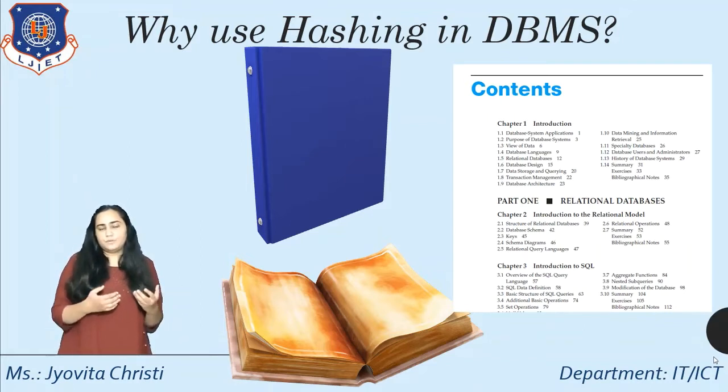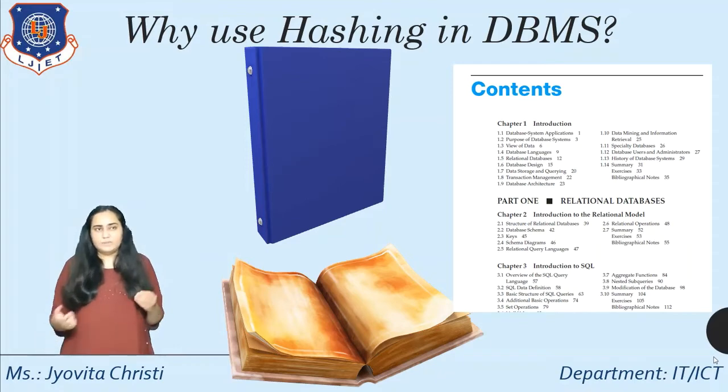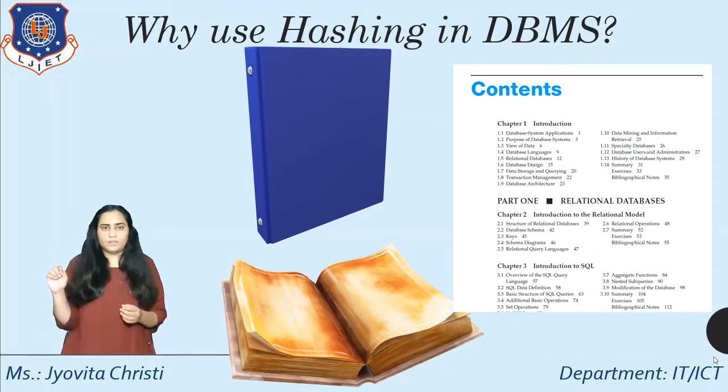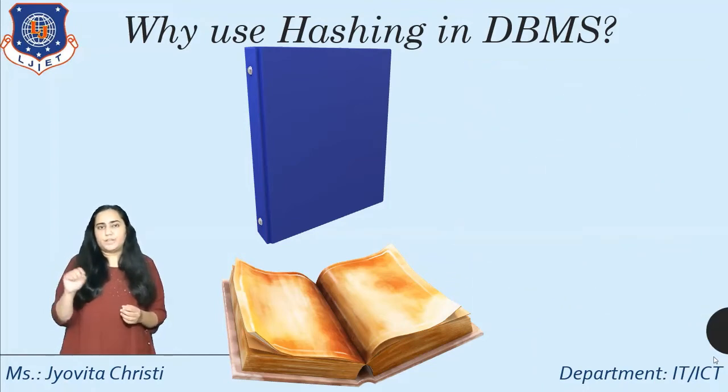To do this fetching process, you need the address, the exact location in the hard drive of that tuple that you're looking for. And this work is done by the index.